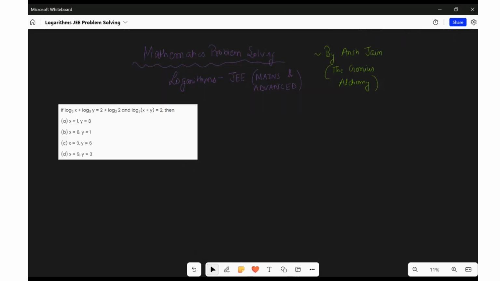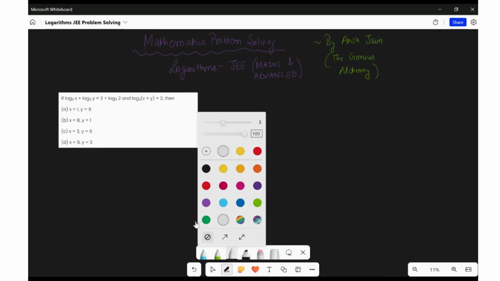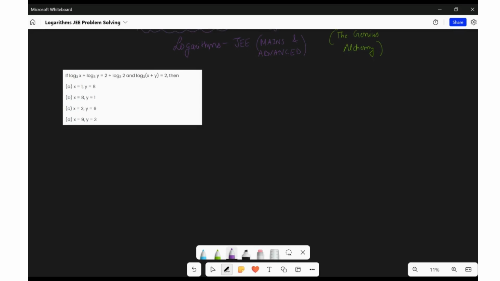Now let's look at the next problem of this question set. So now this is the last problem for today's video. Let's end this video with a very easy problem, which is one of the JEE Mains questions. So in this, we have the question that log x base 3 plus log y base 3 is 2 plus log 2 base 3.